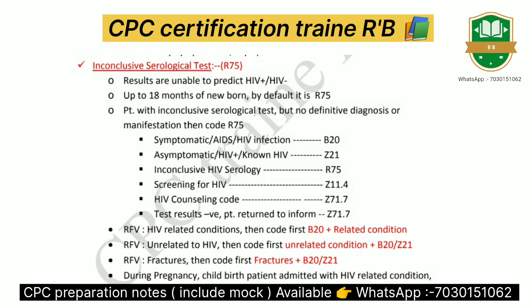And then HIV related conditions, then coded first HIV, then related condition, and then unrelated to HIV, then coded first unrelated condition, then you can go to B20 or Z21 as per symptomatic or asymptomatic condition.